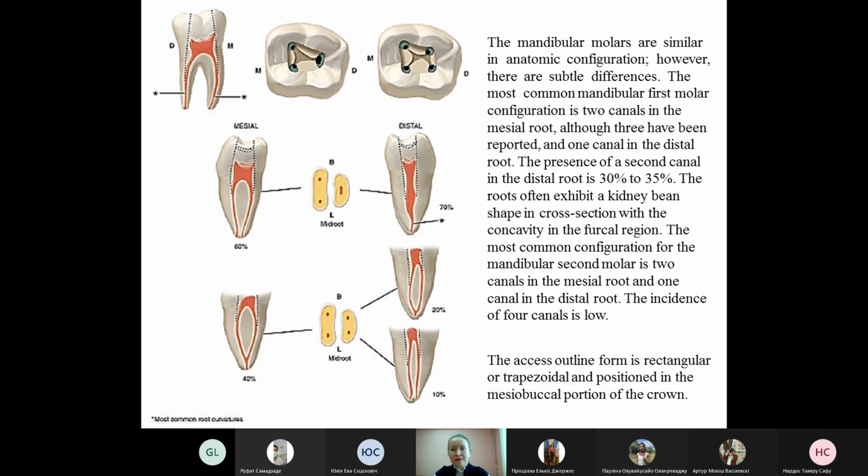The outline access form is rectangular, or resembles a rectangular shape. Pay attention to the localization of root canal orifices. They are located at quite a long distance from each other in comparison to the maxillary molars.